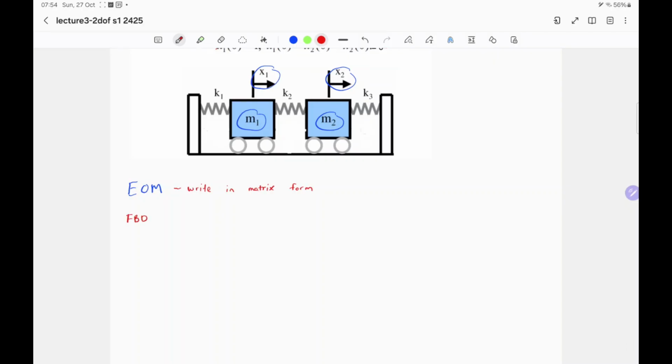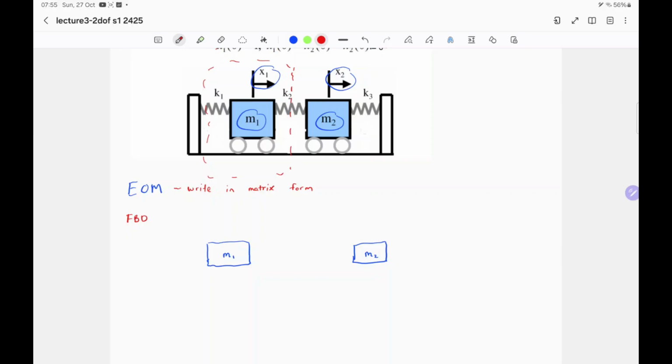So how do we draw the free body diagram? First, we start with the mass. We have 2 masses here, M1 and M2. Next, we draw all the reaction forces that occur on each mass. For example, let's consider mass 1.